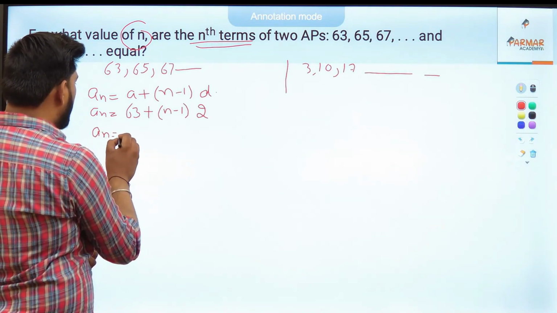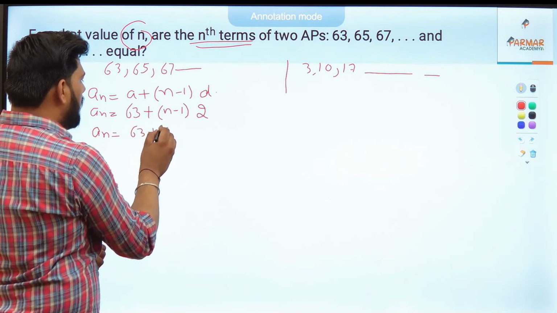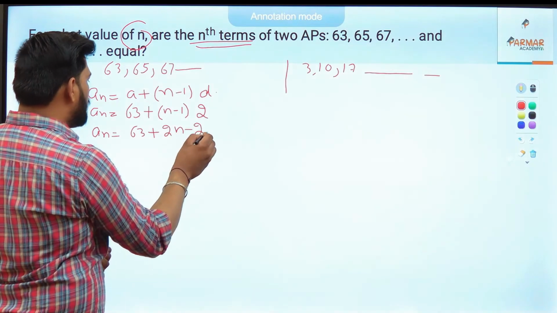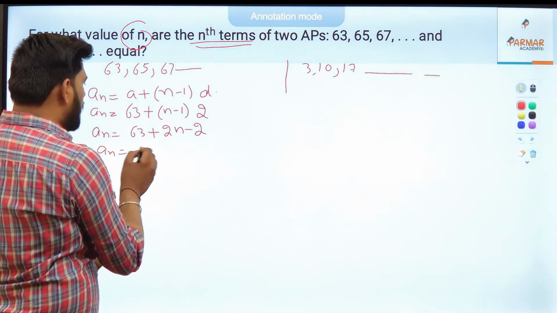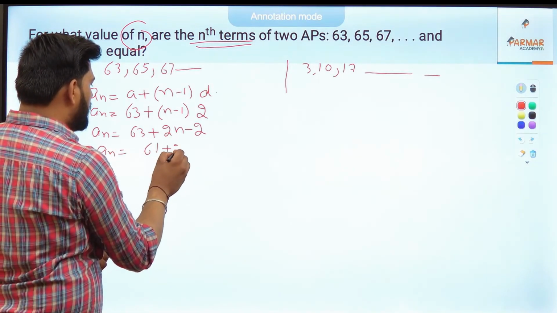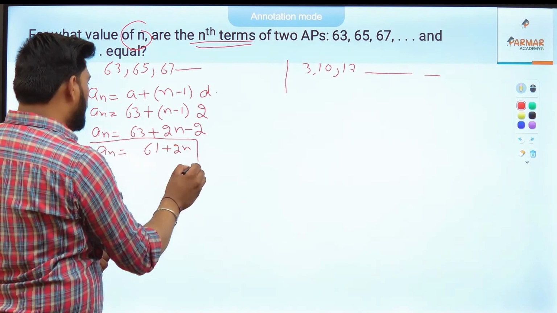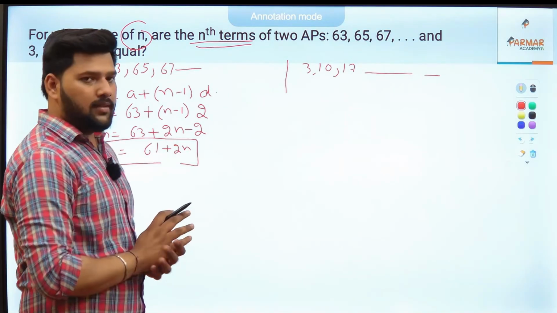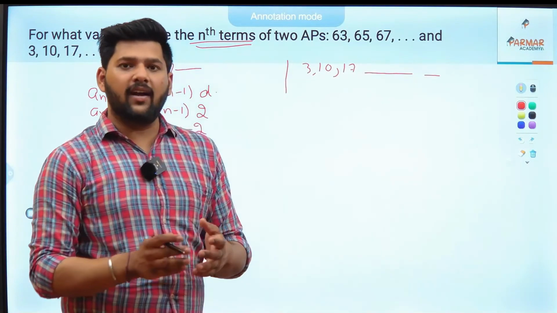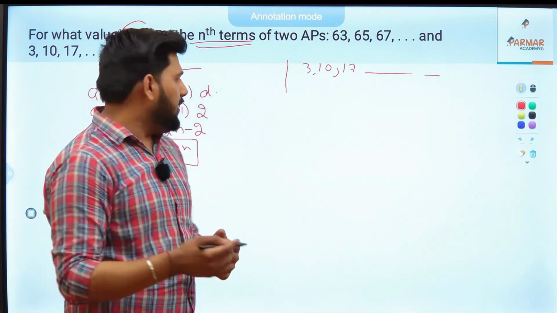So AN is equal to 63 plus 2N minus 2. AN is equal to 61 plus 2N. This is the nth term of the first AP sequence. Now we will find the nth term for the second AP.